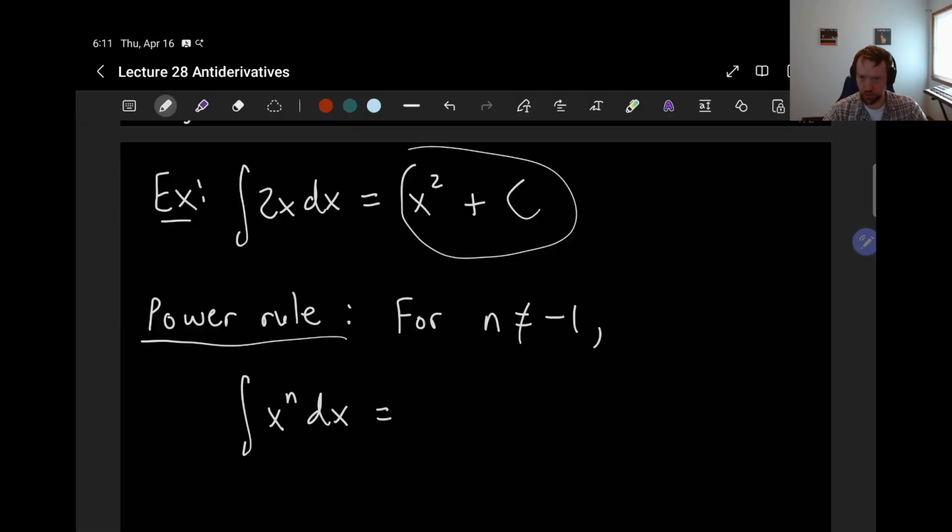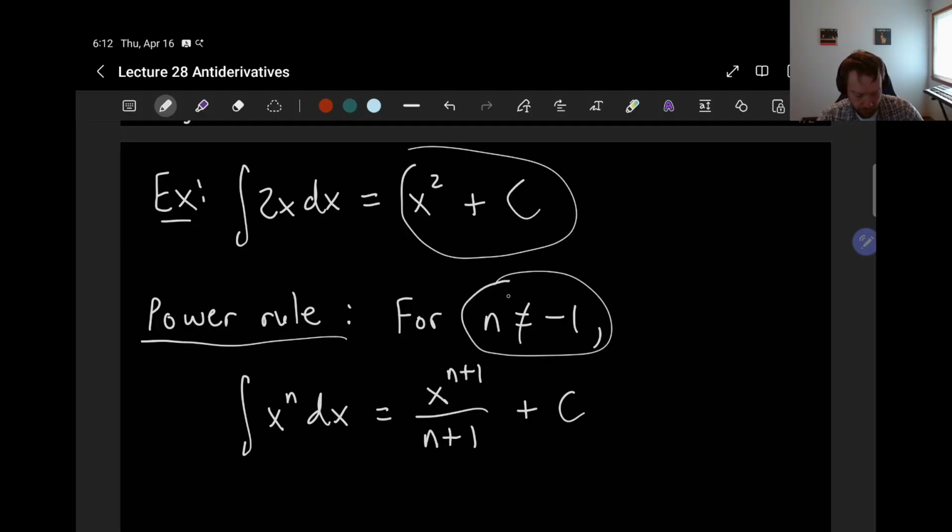And this is the reverse of power rule for derivatives. You add 1 to the exponent instead of subtracting 1. And then you divide by that new power. And don't forget the plus c.